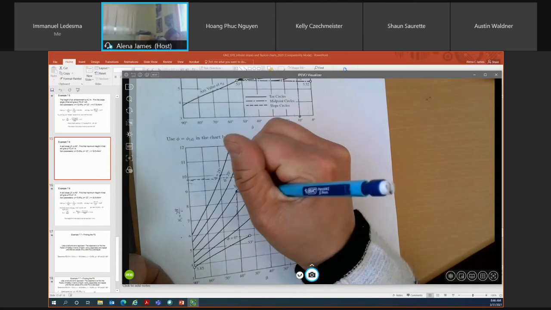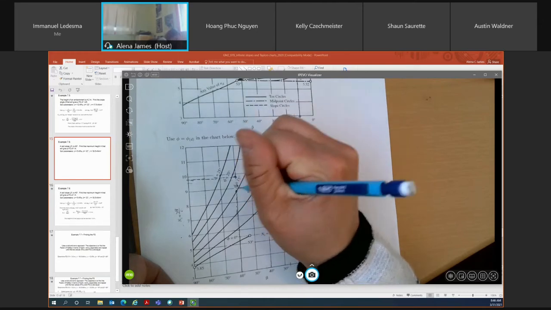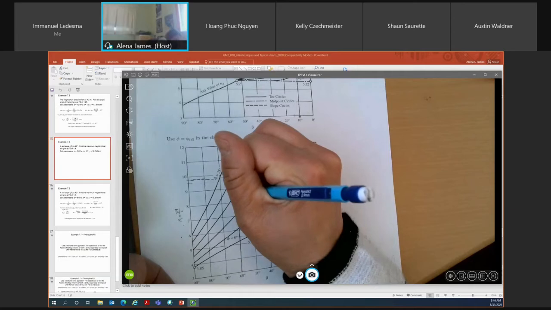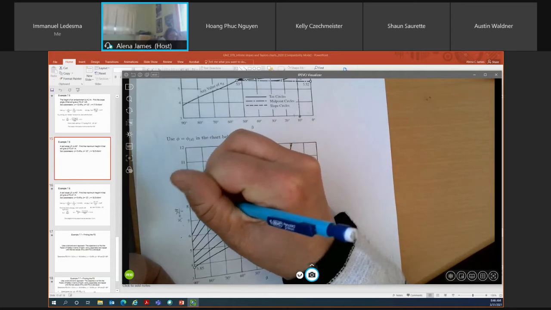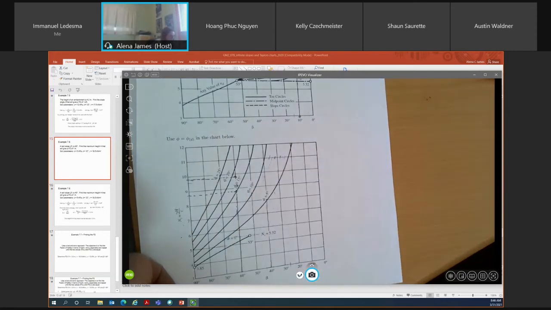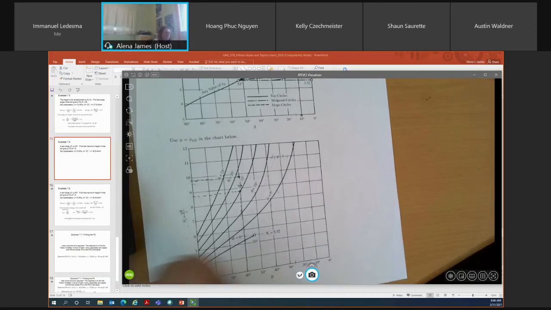My phi-d value of 15 lies along this dark line that's shown here, so I didn't have to interpolate between the two lines. I can draw a horizontal line over to my y-axis to determine what my NS value is. In this instance, I would assume my NS value is about 8.8.